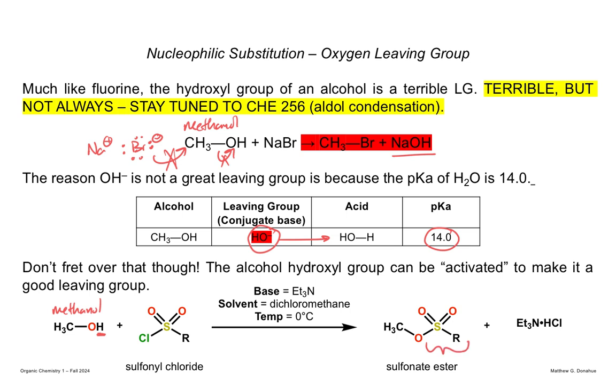And so that's called a sulfonate ester. I'll write a little bit of the mechanism in a minute, but the reason that is now a good leaving group is because it resembles sulfuric acid.